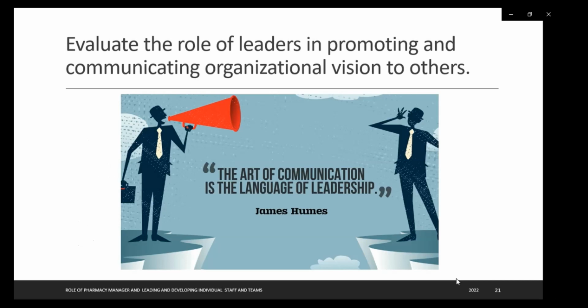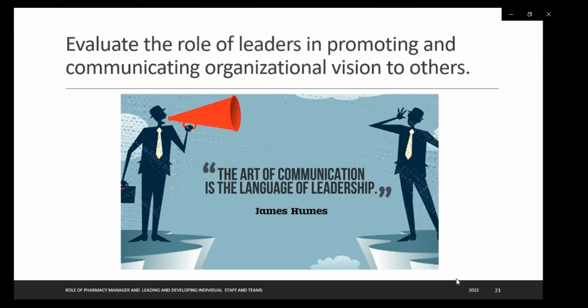Let's evaluate the role of leaders in promoting and communicating organizational vision to others. A vision has to be shared in order to inspire, clarify what is meant to be done, and focus the work of the organization.